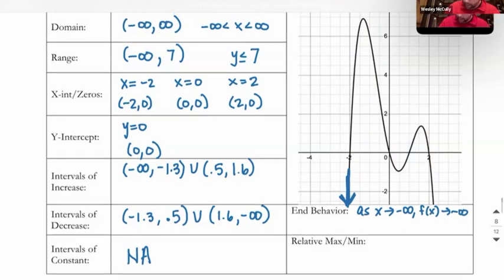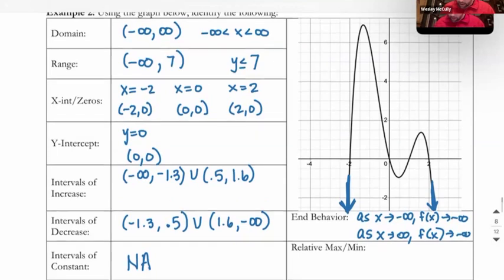Okay, then we must do the right. So on the far right side, you can see that it's also going down. Okay, so how do we write on the right side? We write as x approaches infinity. Now to say down again, we're going to write f of x approaches negative infinity. Okay, so there's our end behaviors.